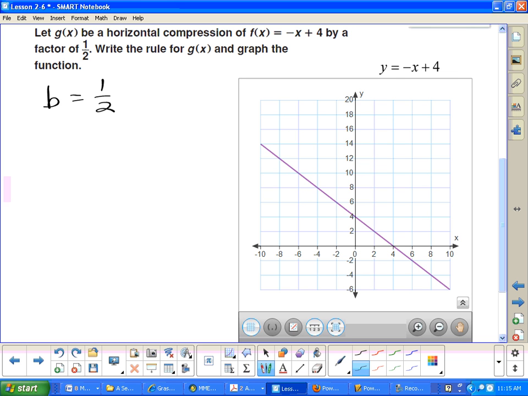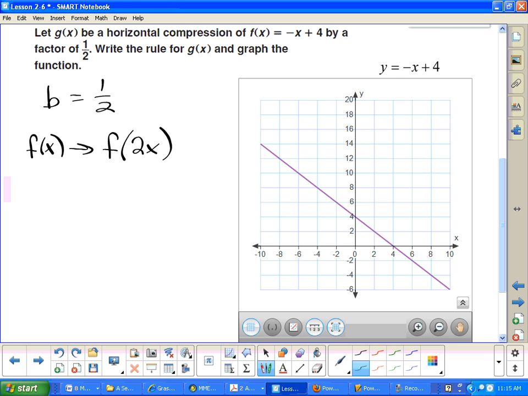So if I'm doing a compression, my transformation is going to be the reciprocal of this. So what's the reciprocal of 1/2? 2/1. Okay? So my transformation then is going to become f of 2x. And we'll see how this works in this case.